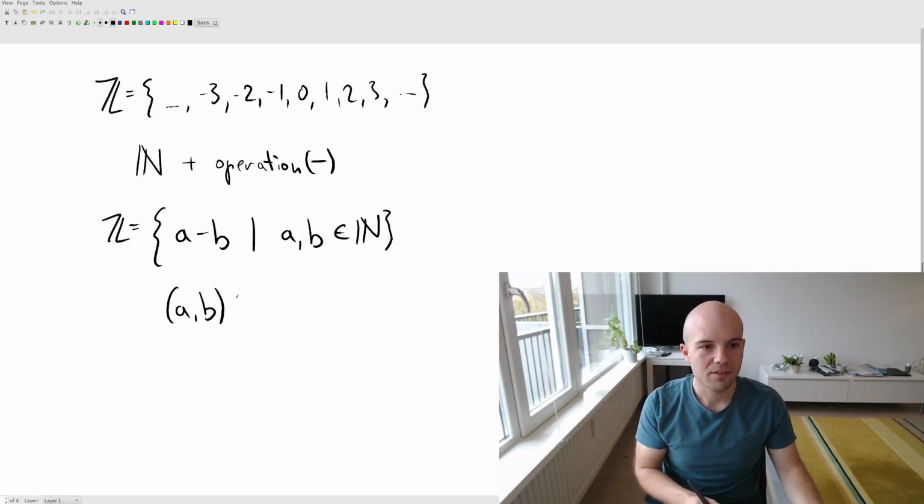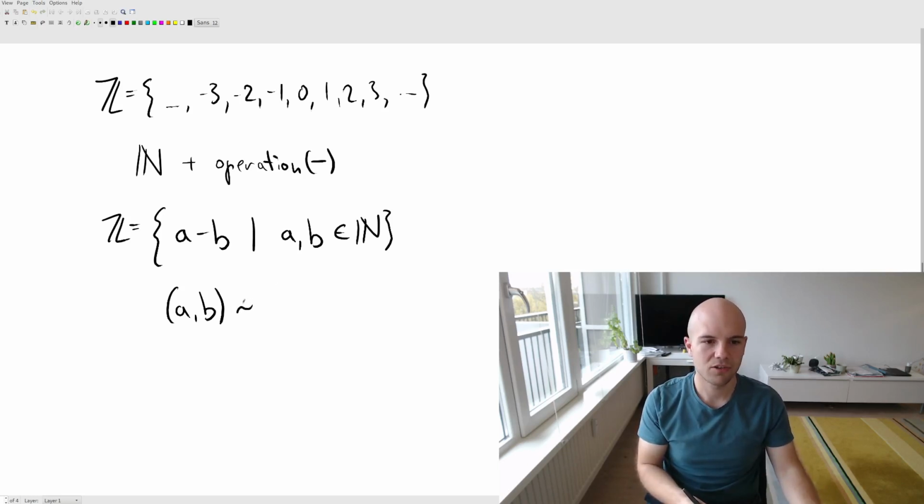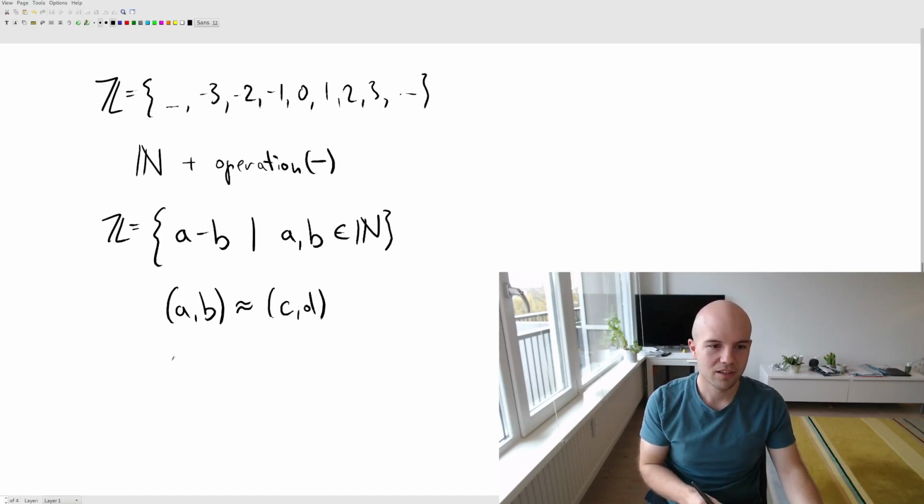We're going to define the integers first as a quotient of pairs. The pair a, b should represent the integer a minus b. Now we need to figure out how to define the equivalence relation on pairs. Keep in mind that the pairs should represent the subtraction, so this should be a minus b equals c minus d.